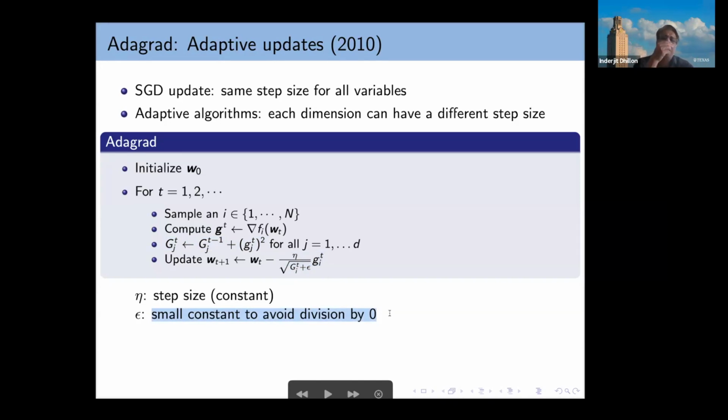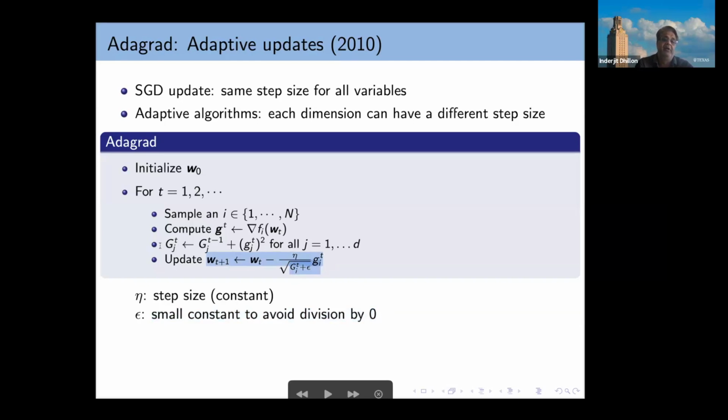Okay, any questions about this method? So you can basically think of it as having a different step size for each dimension. This can really be regarded as a diagonal scaling of the gradient.